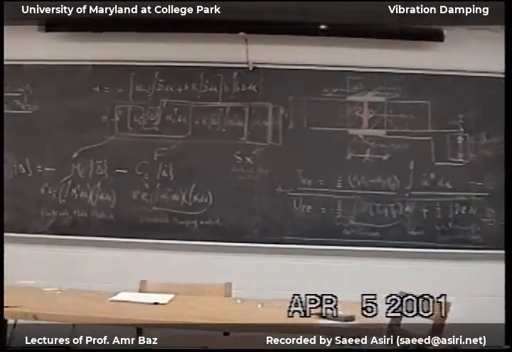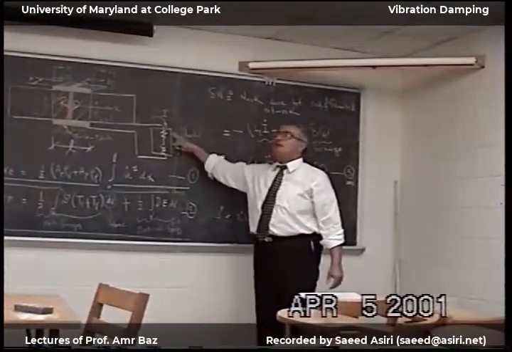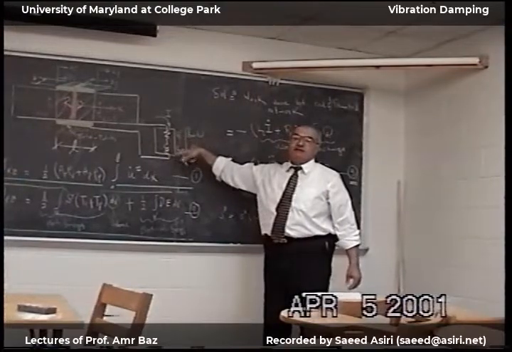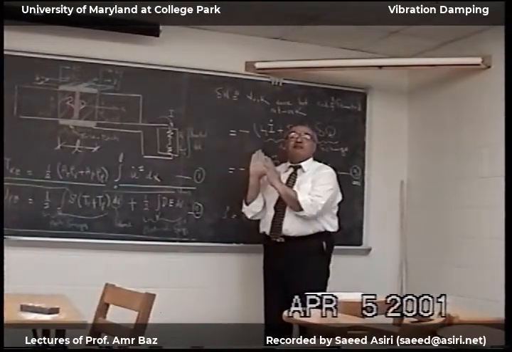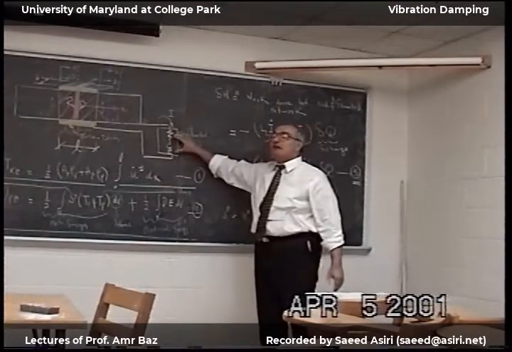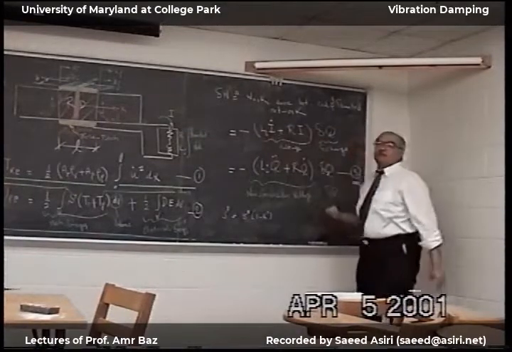This equation that we did was when these two elements were in series. Okay, if these two elements are in parallel, this needs a lot of tricks. Because if these two elements are in parallel, then this is not going to be a straight equation like this.